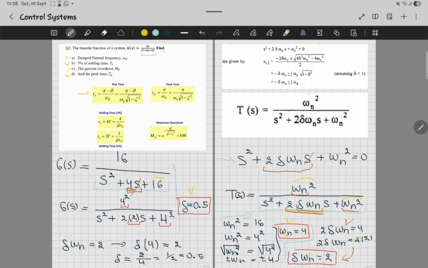Now for the wn, we used the number that we already got, 16, so we knew that 16 equals 4 to the power of 2. It gives us this, and then we can replace it into this equation, and the answer is 2. This is how we got this, and then we solved for this, and we got this one as the damping ratio.